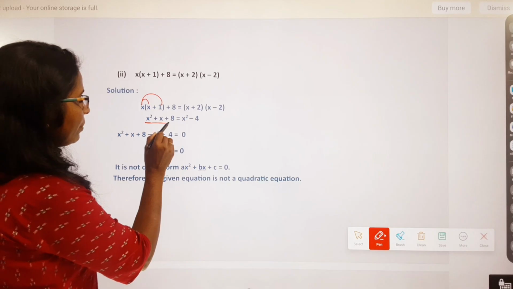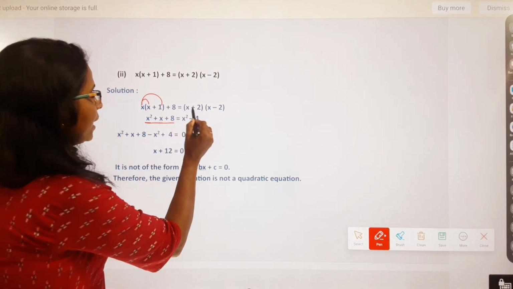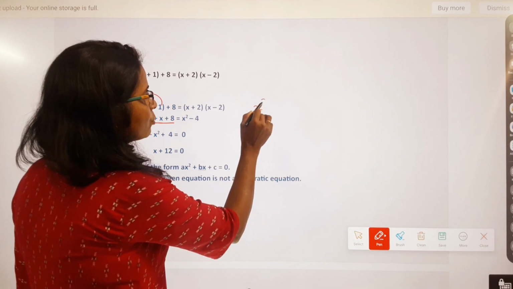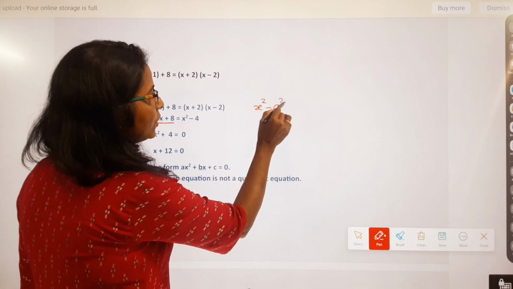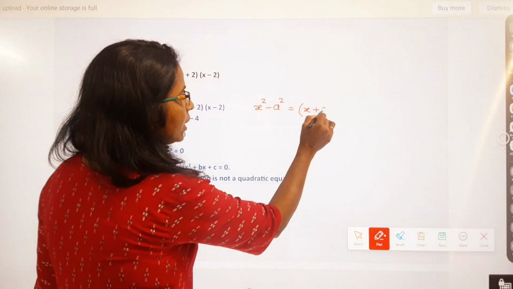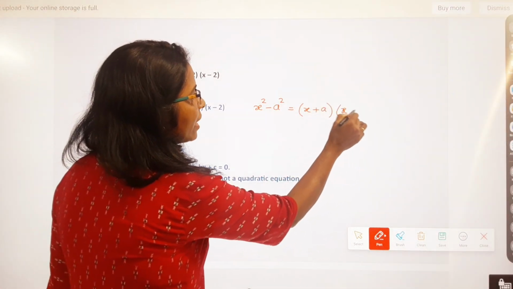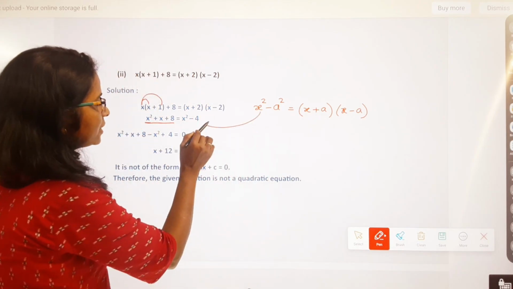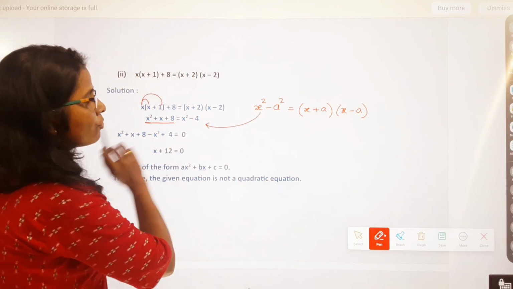So x square plus x plus 8. Then the right side is the expansion of x square minus a square, where the first bracket is x plus a and the second bracket is x minus a. So we write it as x square minus 4.